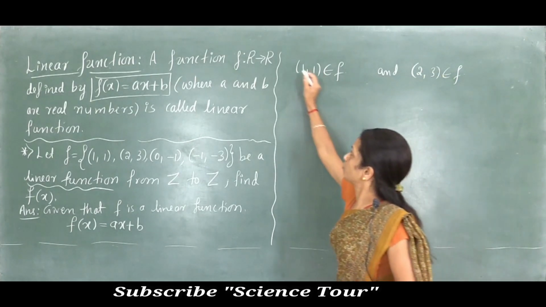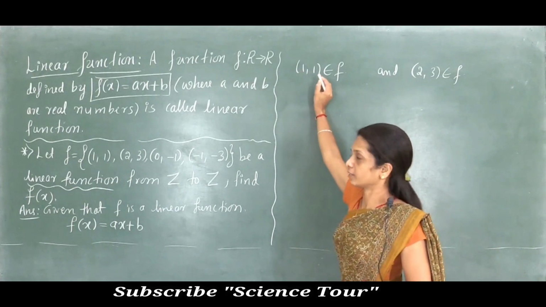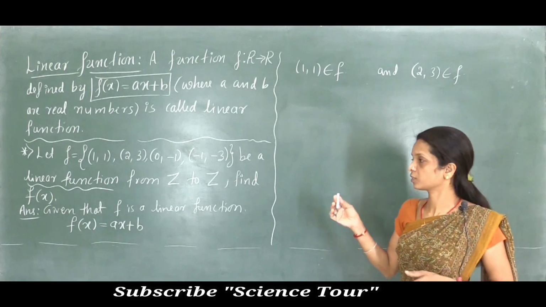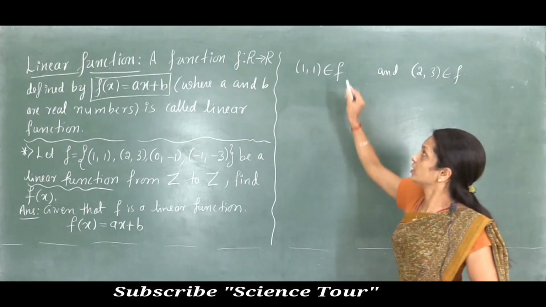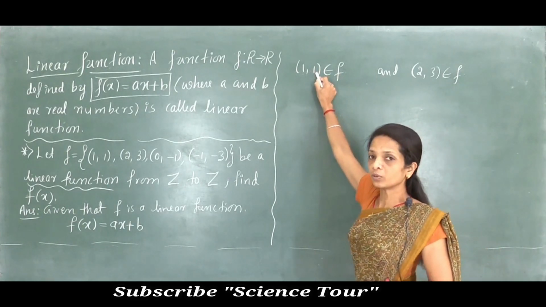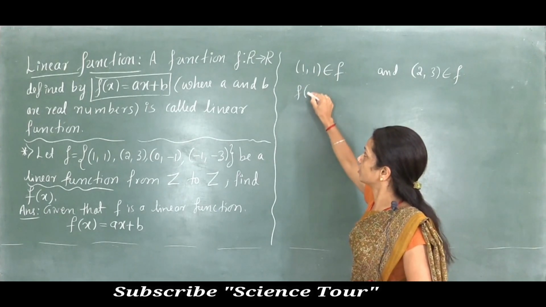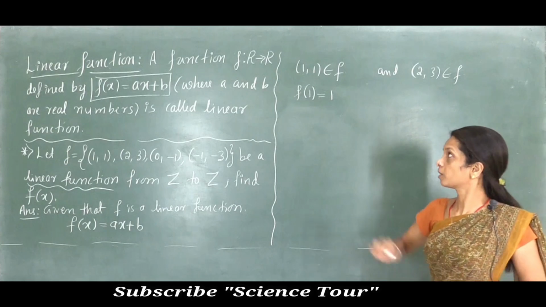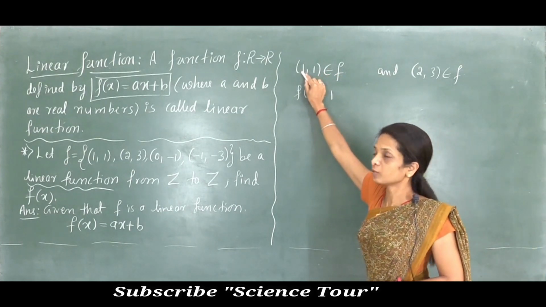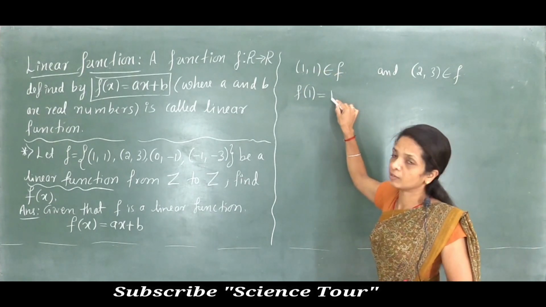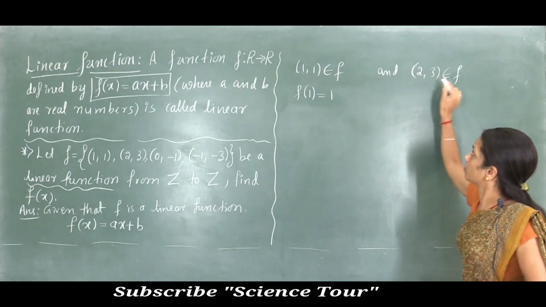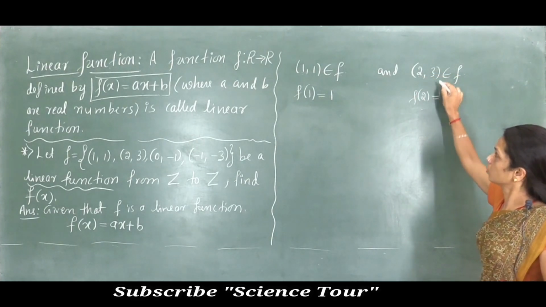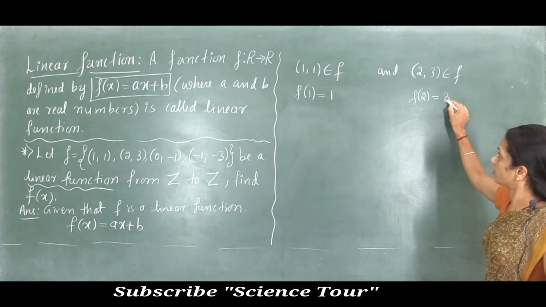Using that basic thing, f of first element is equal to second element, we get one equation each: f of 1 is equal to 1, and f of 2 is equal to 3.